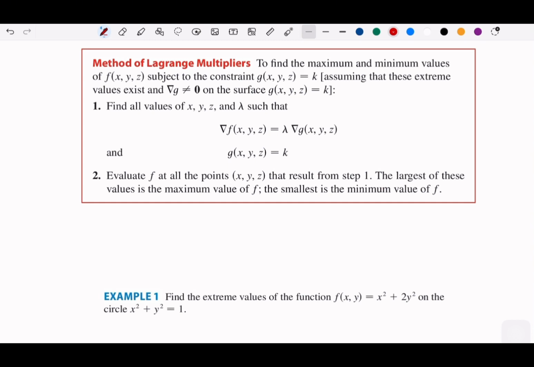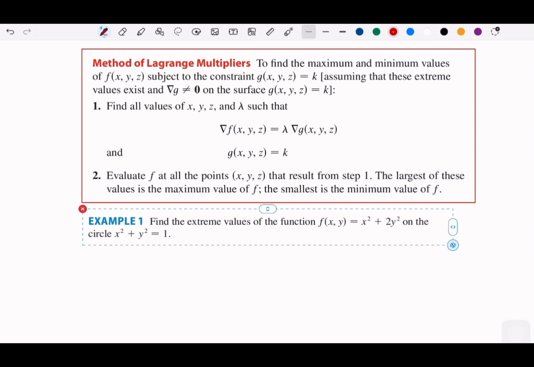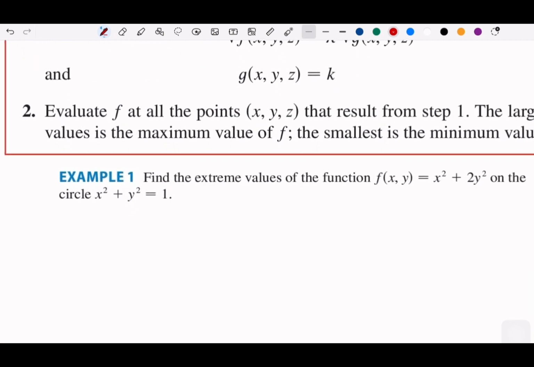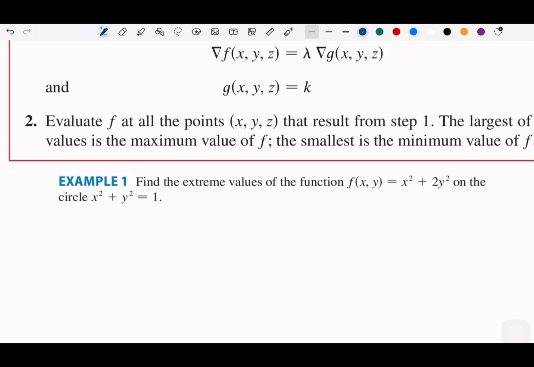So first, maybe take example 1 here. We see that f is the one that we need to find, right? That's the original function. And the circle will be our restriction, or the constraint, right?